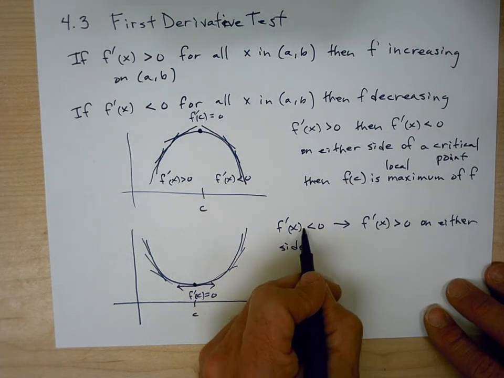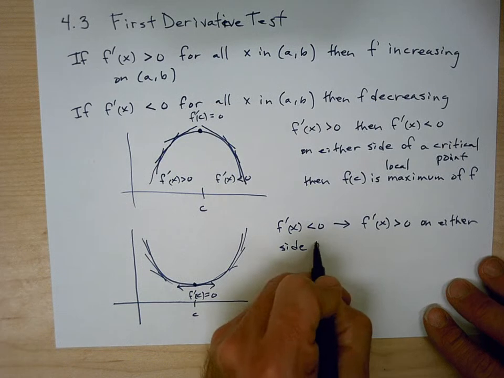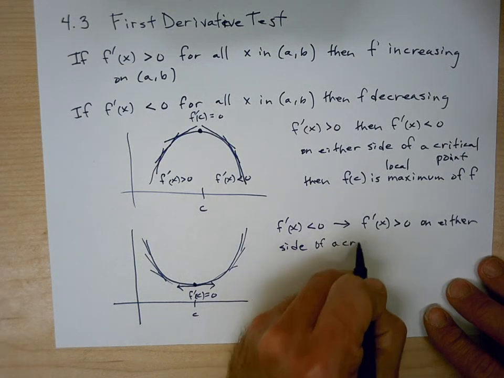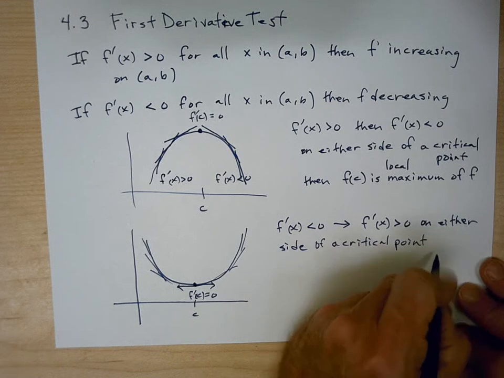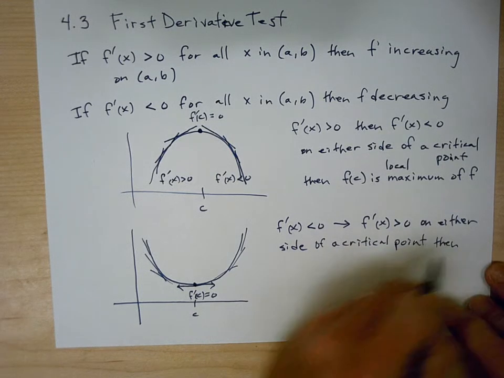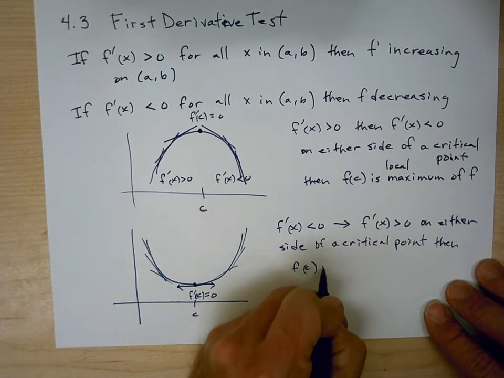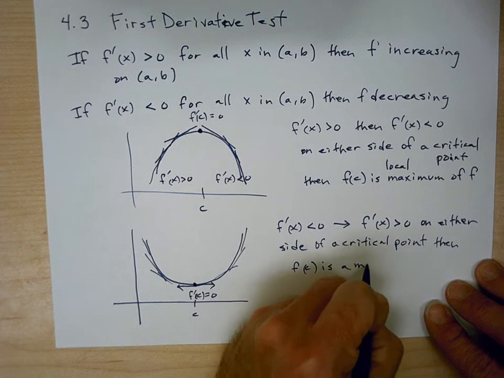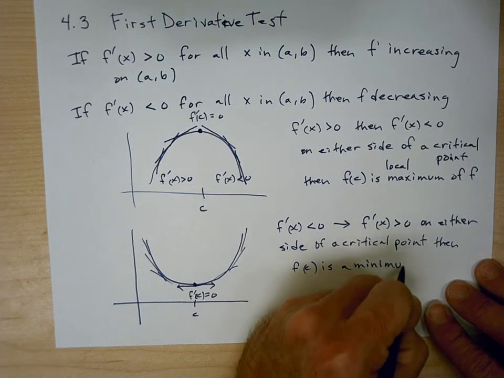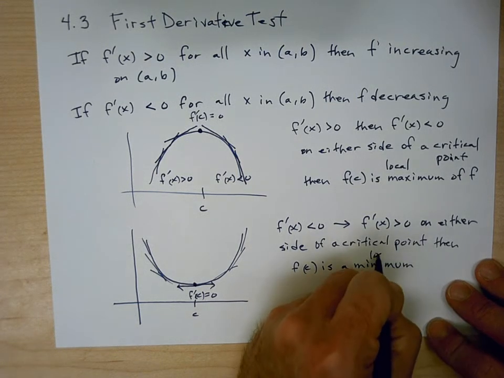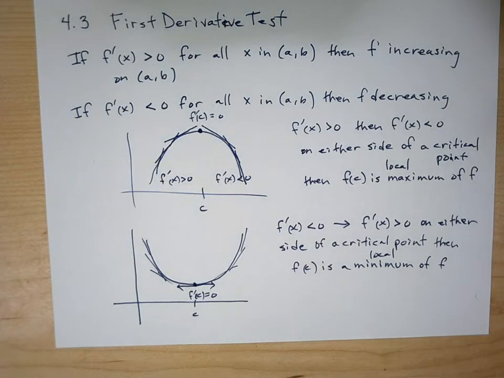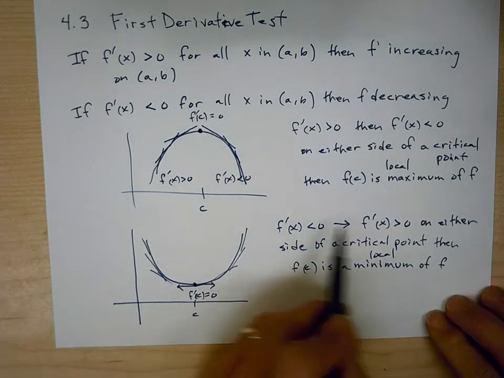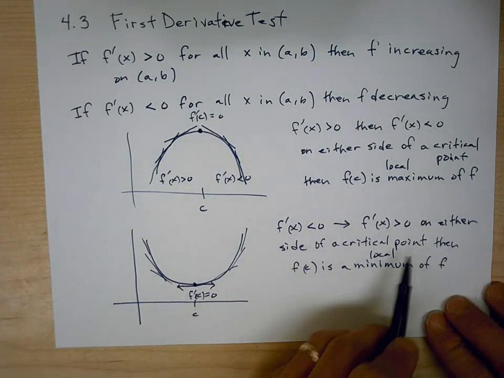To the left, it's negative, and on the right, it's positive, then f of c is a local minimum of f.